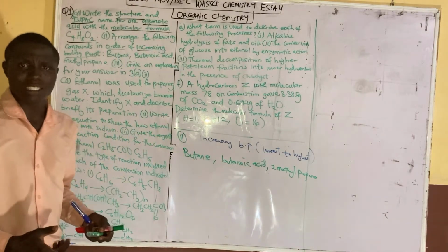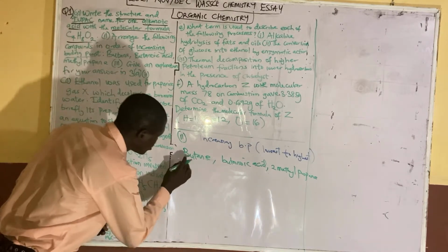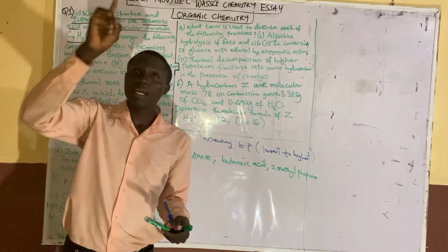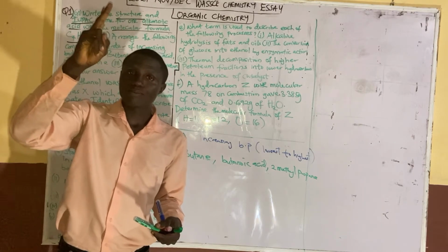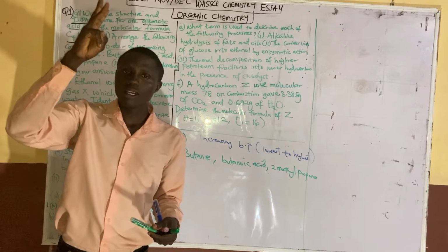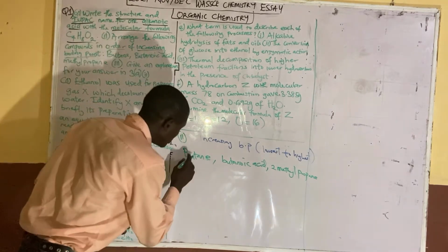What does butanoic acid contain? If you draw it structurally, let me do the drawing now. Butane: but is number 4. Meth is 1, eth is 2, prop is 3, but is 4. So this is 4.